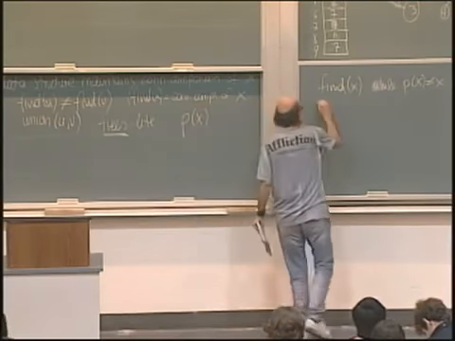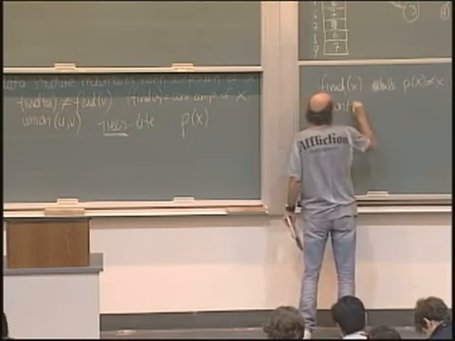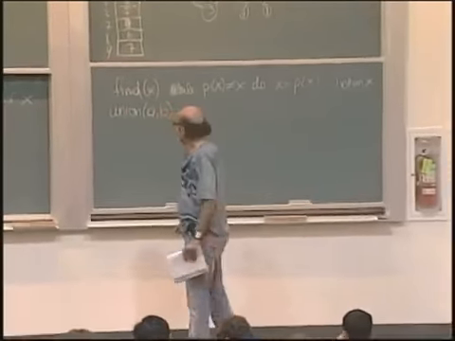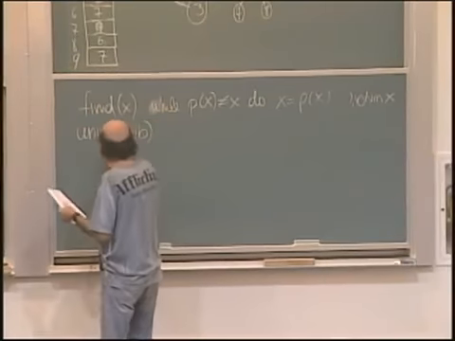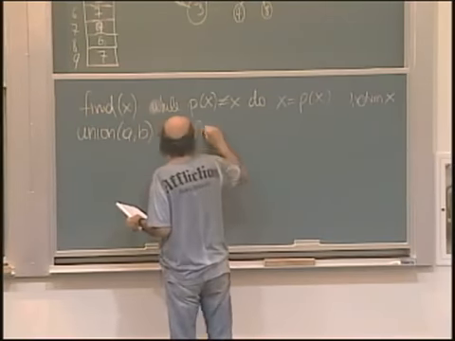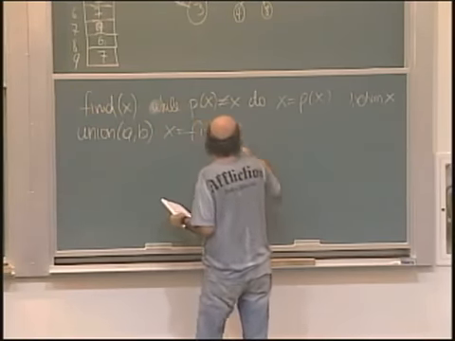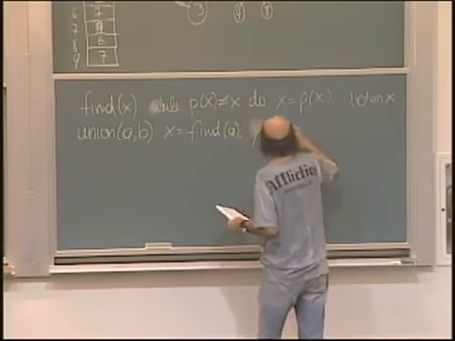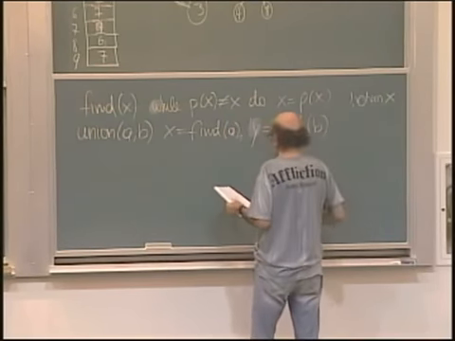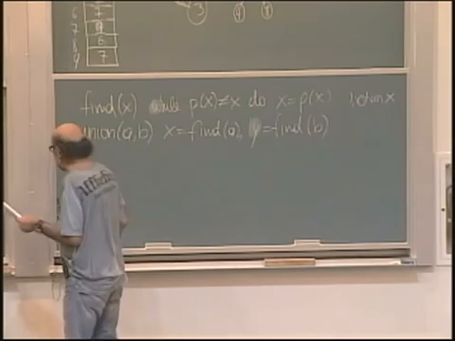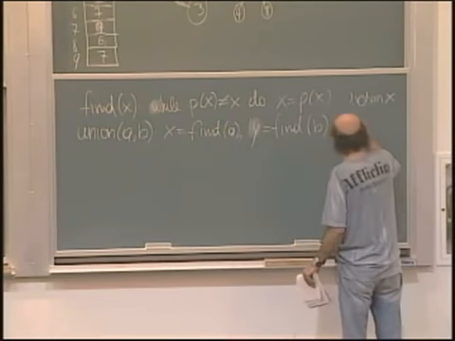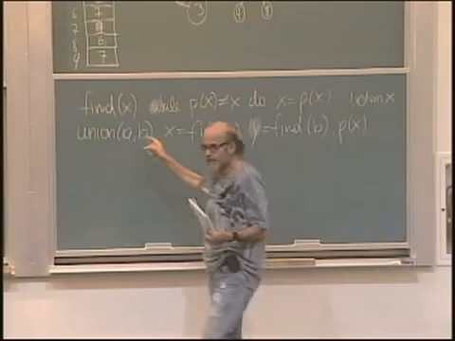How do you do union AB? Union AB is as follows. X equals find of A, and Y equals find of B. And then P of X, in other words, what have I done now?